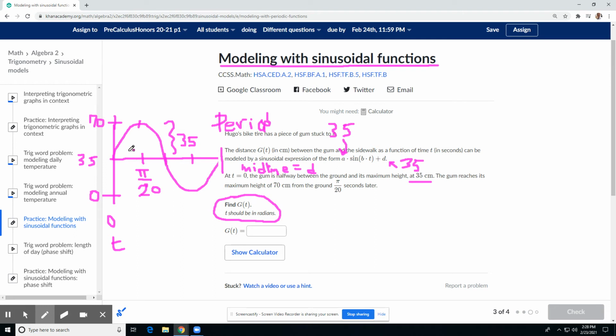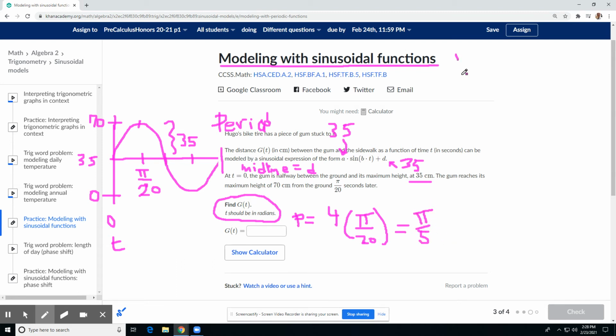And then after 1, 2, 3, 4 pi over 20s, we repeat ourselves. So our period is equal to 4 times pi over 20. 4 goes into 20 five times, so this is pi over 5 for our p.